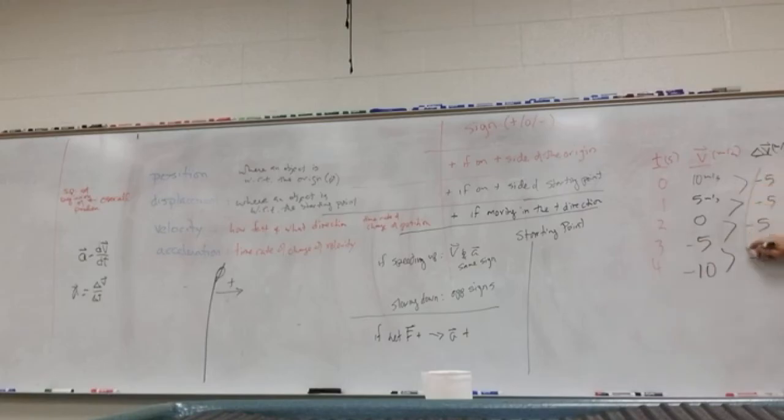So my acceleration is constant here, because my change in velocity is constant for the same time increments, or close enough. But I'm slowing down, slow down, and then speed up. And acceleration is the same throughout the whole thing.